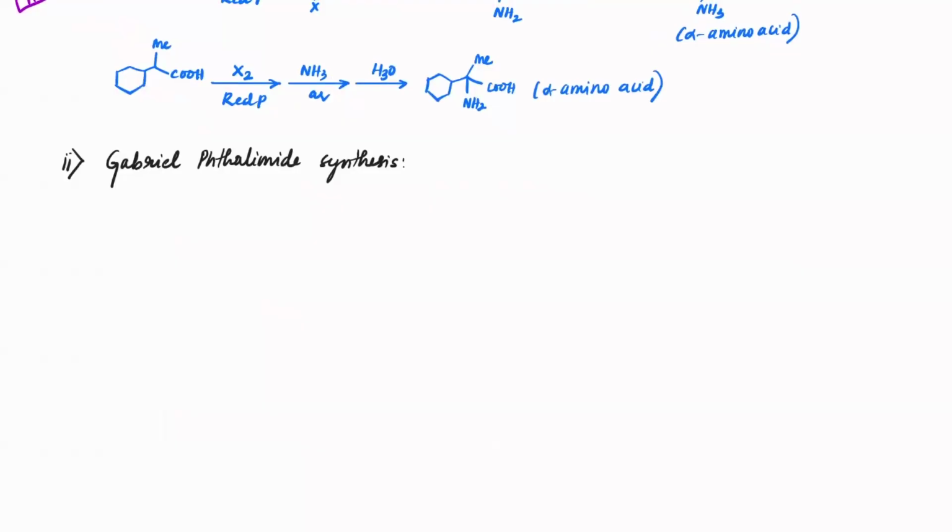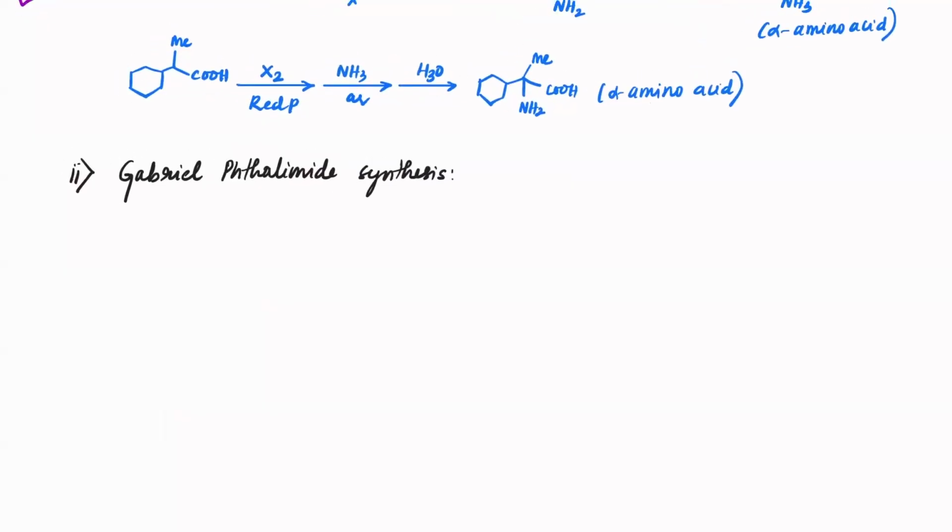See the next reaction. Gabriel phthalimide synthesis is something we are aware of and have been using for a while now. Let me recall that reaction again. Basically we make this from phthalic acid. So first we take phthalic acid, COOH and COOH, and react that with ammonia.